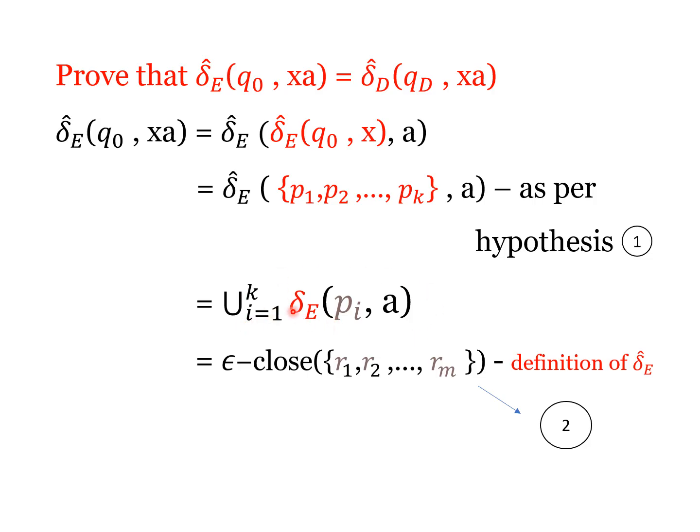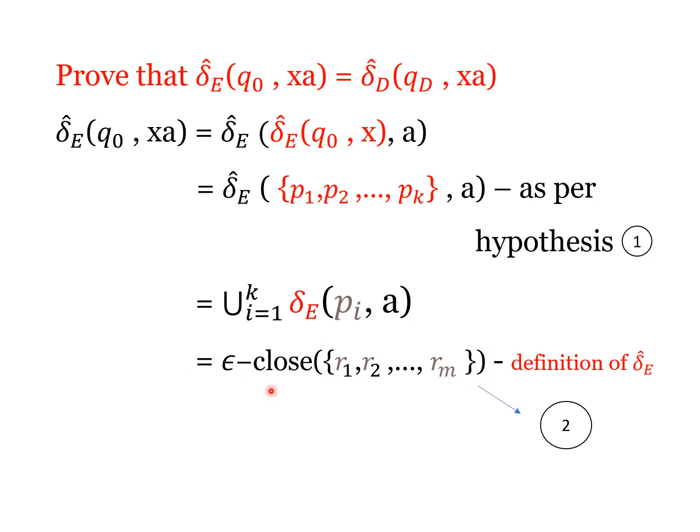We have to find the state where our epsilon NFA is going from the state Pi on taking the input A. So as per the definition of extended transition of epsilon NFA, it is going to have a set R1, R2, etc. Rm, and we want to take the epsilon closure.